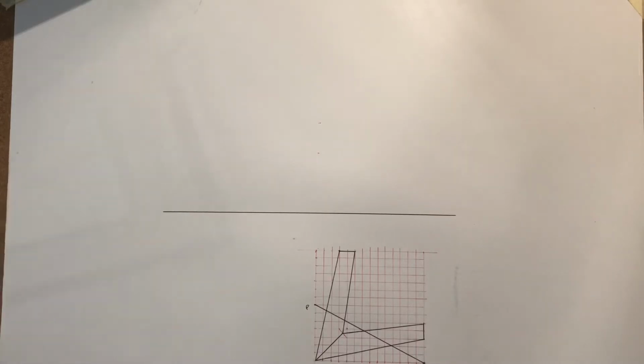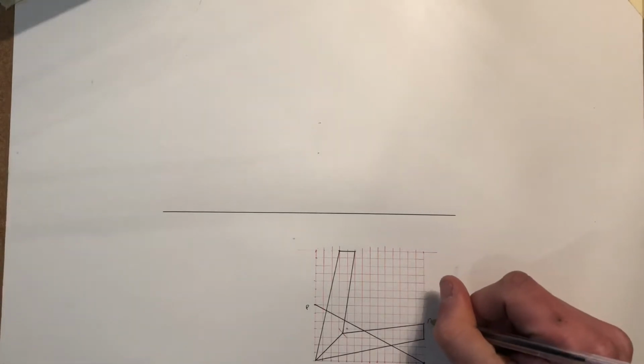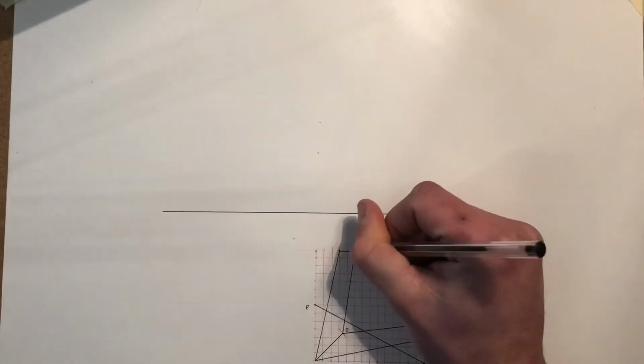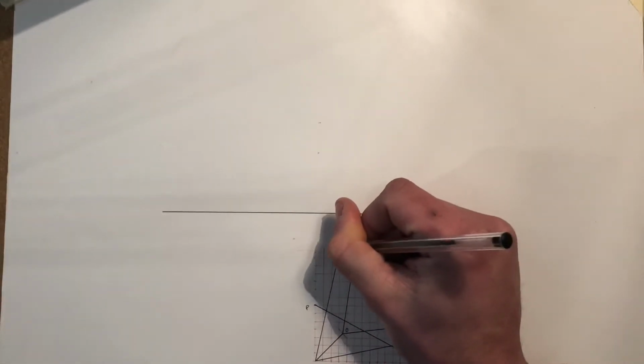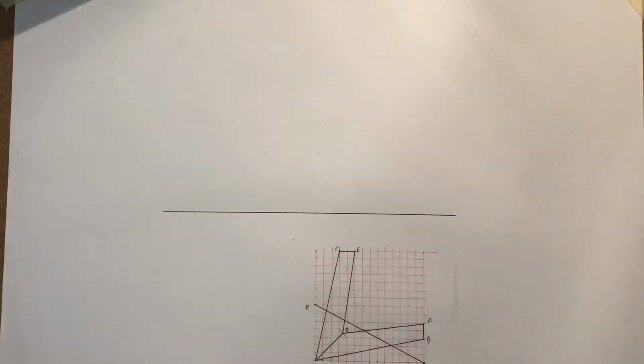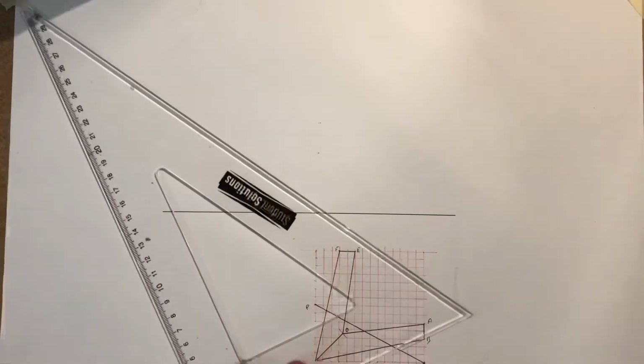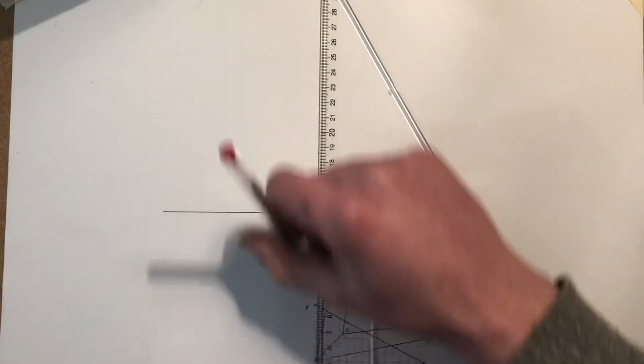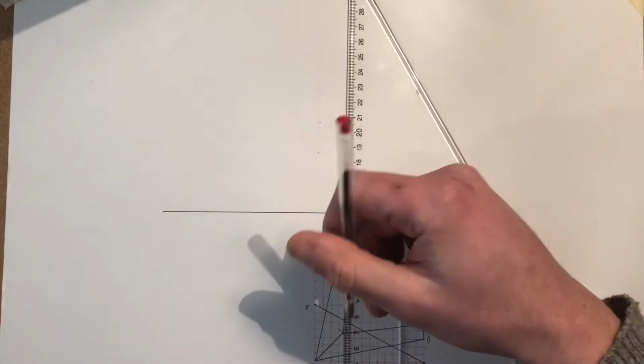I'm going to label them now. I'm going to label them A, B, C, D, E, and F. Okay, and I can project all those lines up to my elevation then, because all those points are going to be somewhere up here in my elevation.